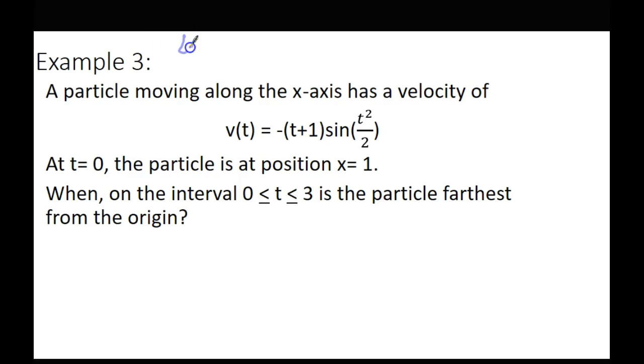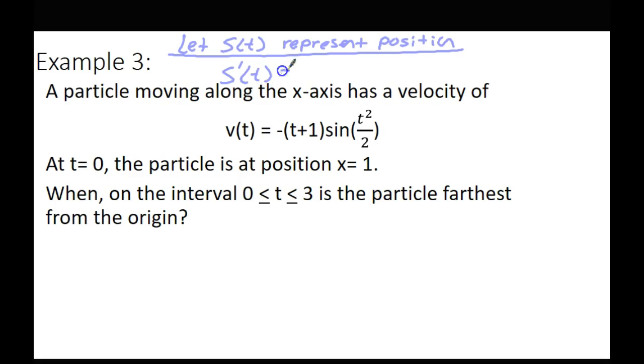So let's say that let S of t represent the position, okay? Now, as you guys know, we've already said in the last slide that S prime of t, what's the derivative of your position function? It's the velocity.